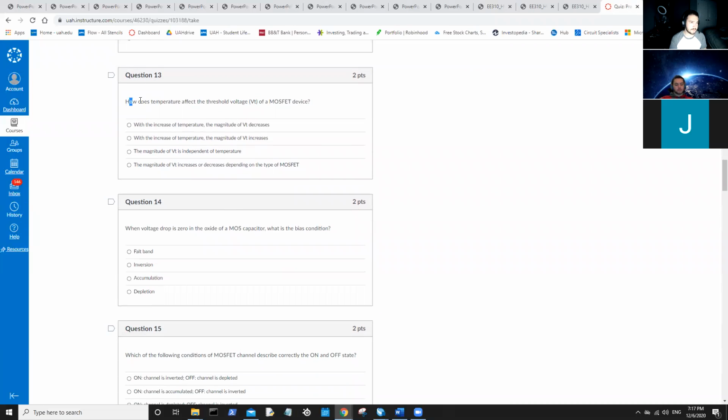And then question 13 is, how does temperature affect the threshold voltage? It decreases. With an increase in temperature, the magnitude decreases. I think I could explain this with Ohm's law as well. Let me think about this. V equals IR.